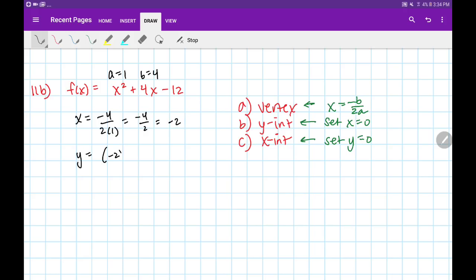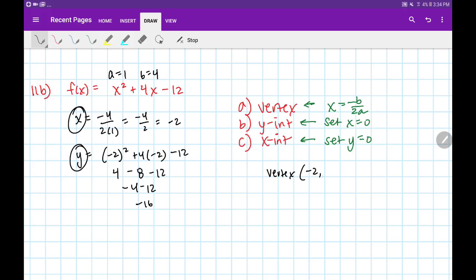Plug that back in to find the y value, which is 4 minus 8 minus 12, which is negative 4 minus 12, negative 16. So my vertex is going to be negative 2 for my x, negative 16 for the y.